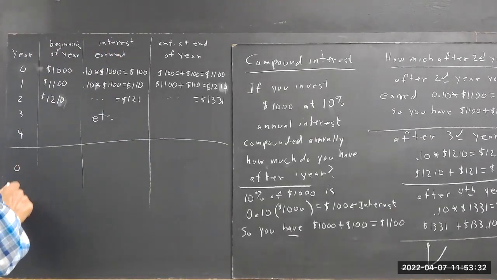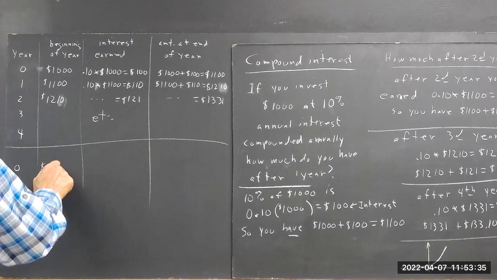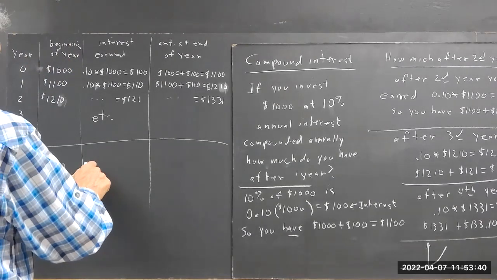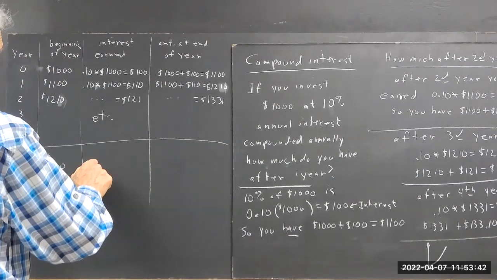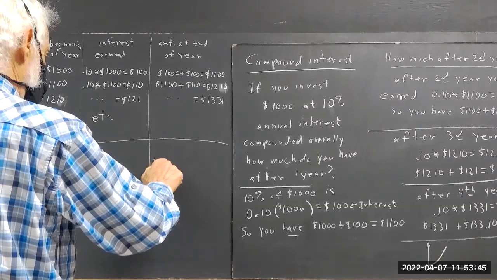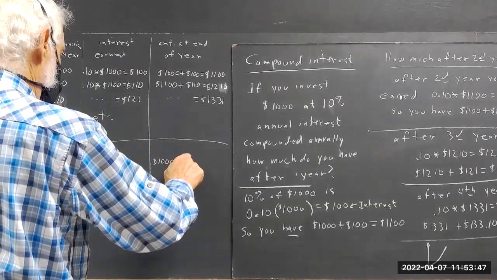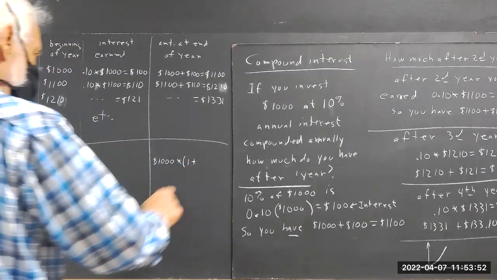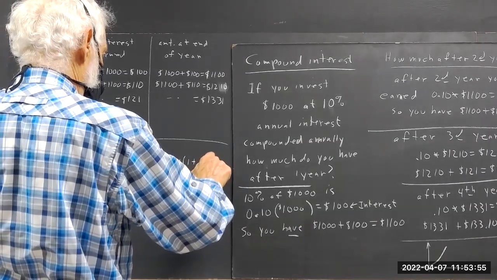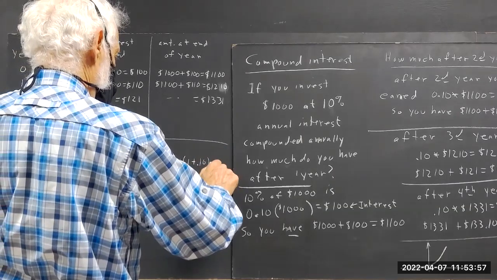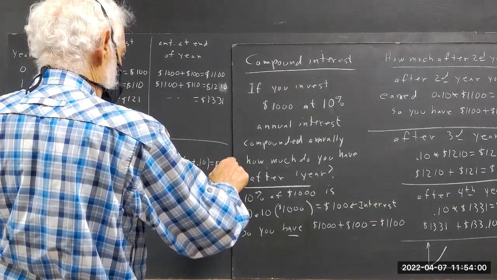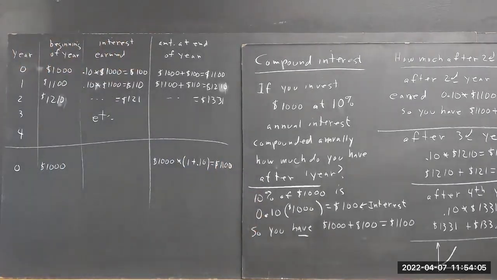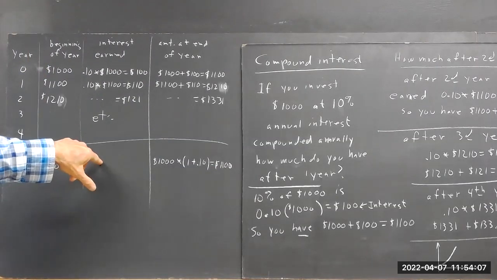Go back to year 0. Have $1,000. We multiply. I'm skipping this thing where I calculate the interest.